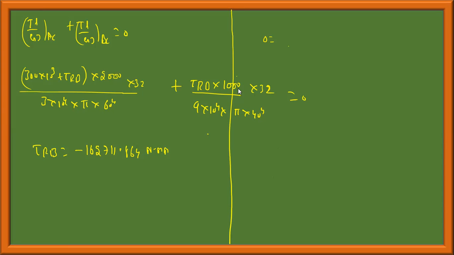This is 1000, the TRB into 1000 into 32. Rakesh, Shugun, Sushil Kumawat, are you doing it?